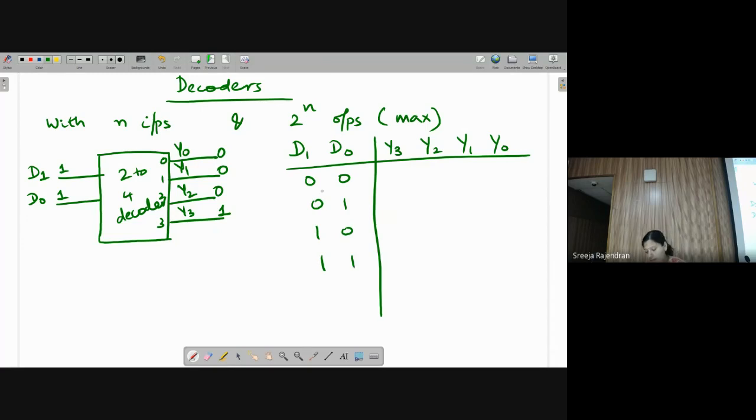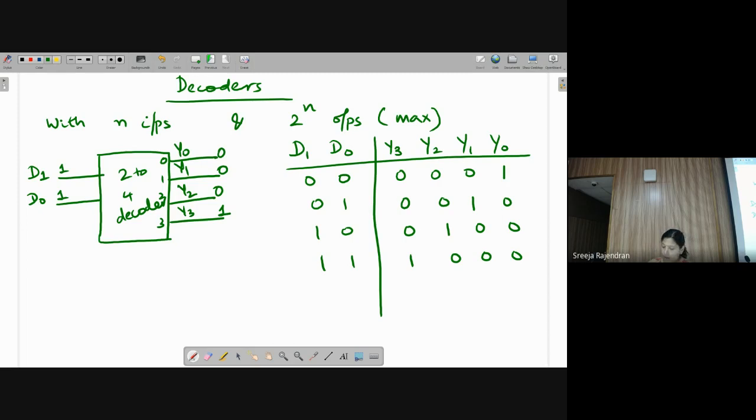When both are 0, Y0 is chosen, so this will be 1, the rest all 0. For 0 1, Y1 is chosen. For 1 0, Y2 is chosen. For 1 1, Y3 is chosen. Depending on the combination of inputs that we apply, one of the output lines is set to a high value.